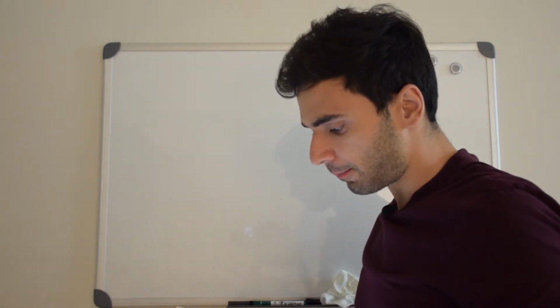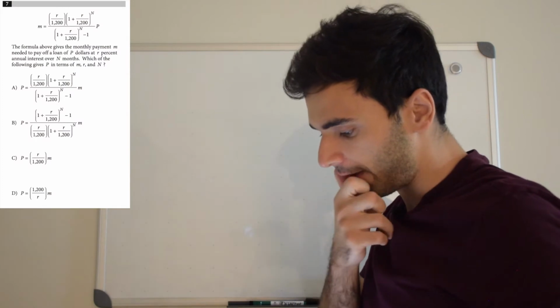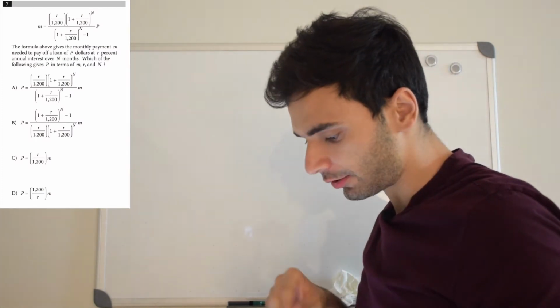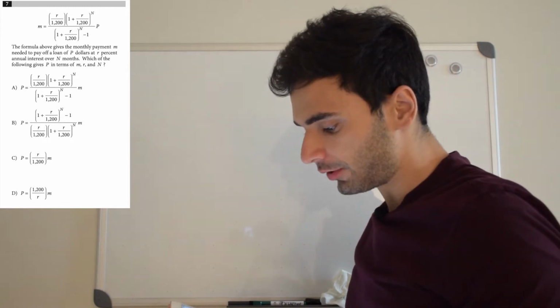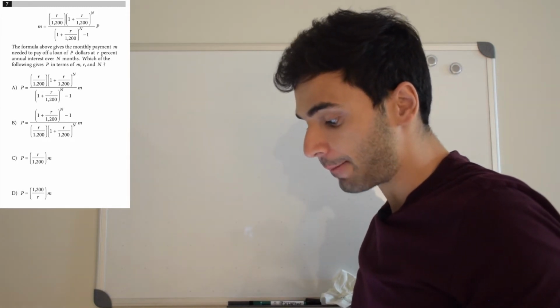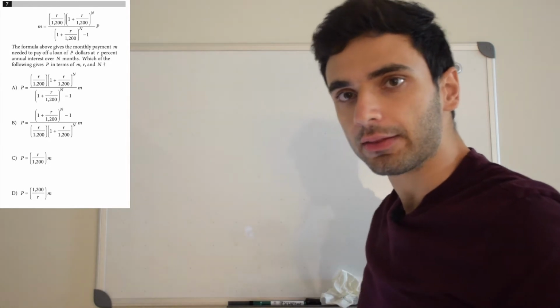Okay, so the formula above gives the monthly payment M needed to pay off a loan of P dollars at R% annual interest over N months. Which of the following gives P in terms of M, R, and N?